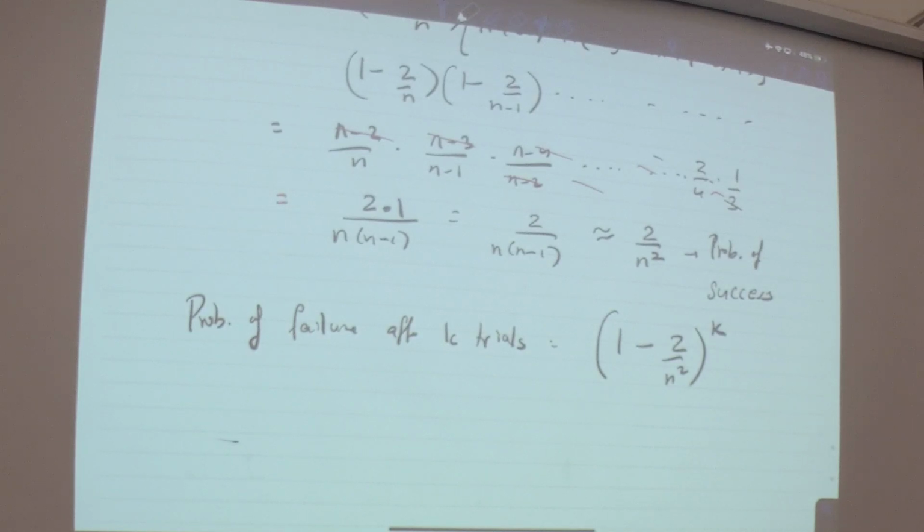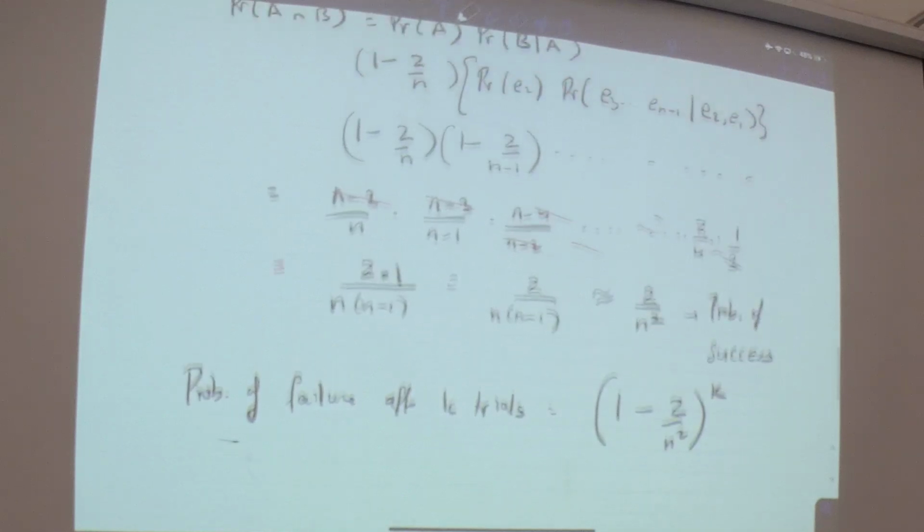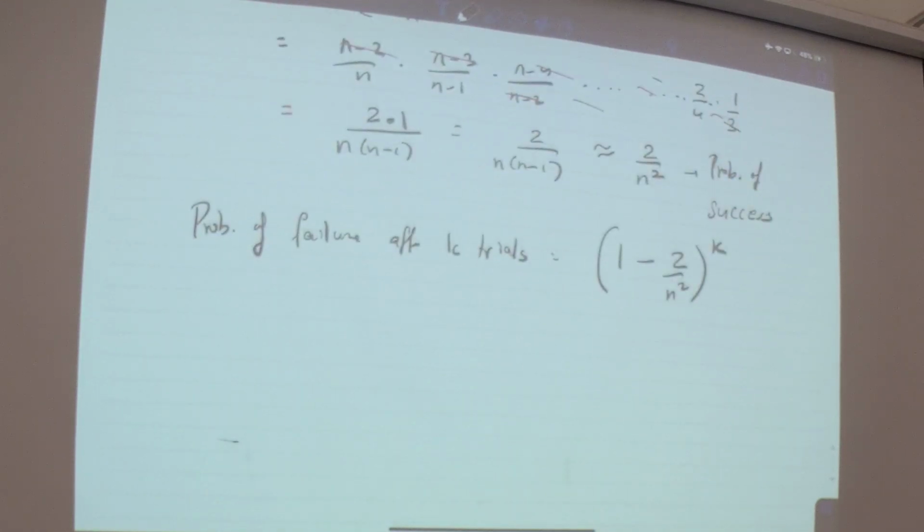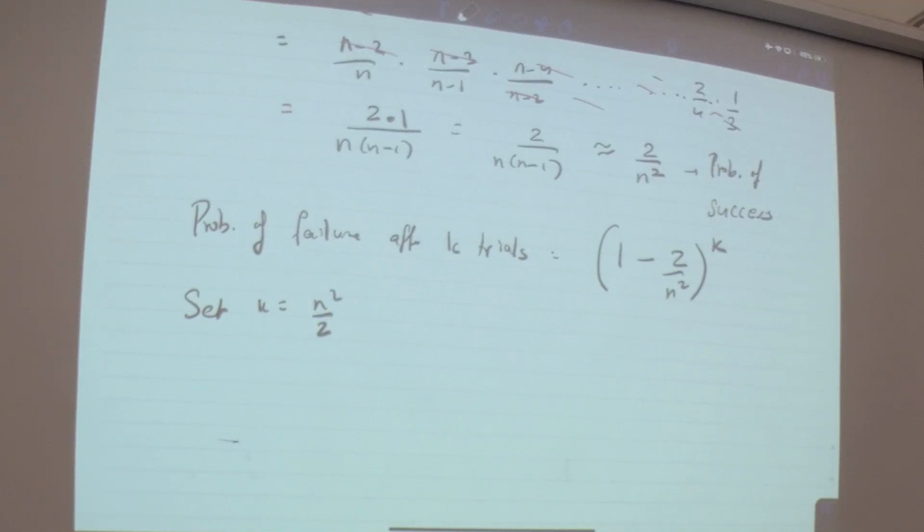Suppose I did n squared over 2 trials. Set k equal to n squared over 2. The probability of failure is equal to (1 minus 2 over n squared) to the n squared over 2.